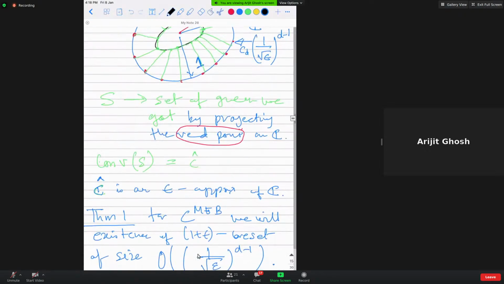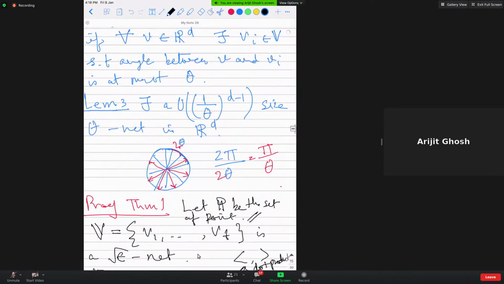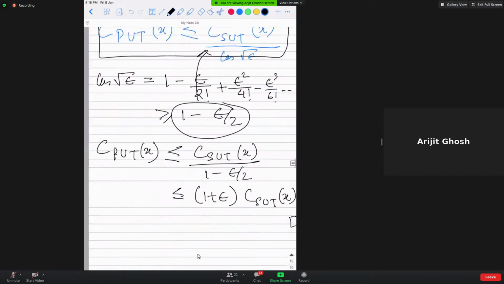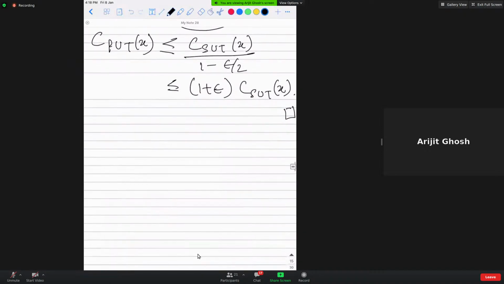Just knowing that there exists an epsilon net of size 1 by square root epsilon to the power d minus 1 and the disjoint union property, the coreset size we said was something like log n to the power d plus 1 by 2 by square root epsilon to the power d minus 1, right?